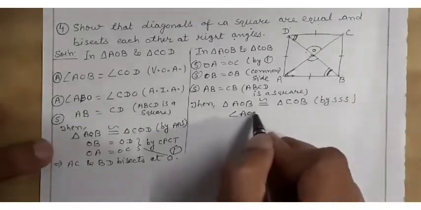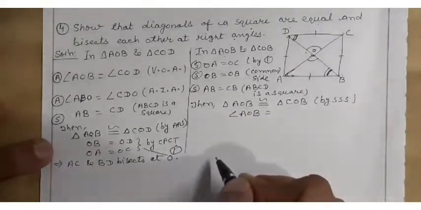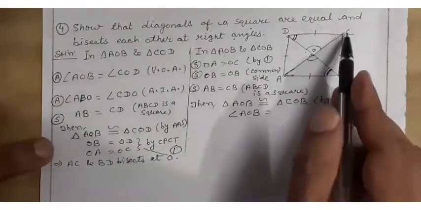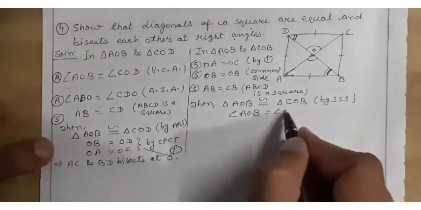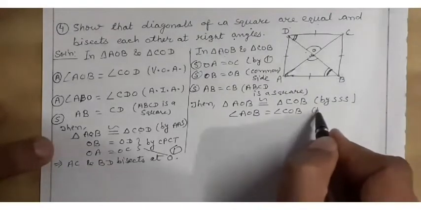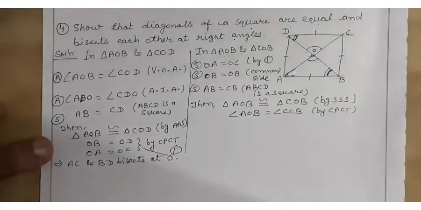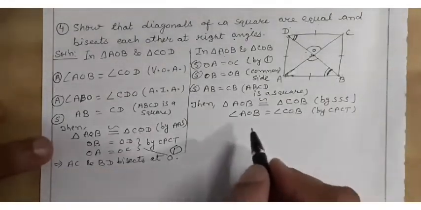Then angle AOB will be equal to angle COB by CPCT.